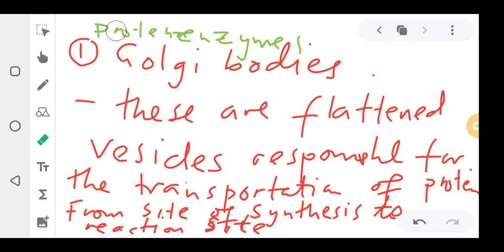Don't get confused when you ask what proteins they are transporting. On proteins you can put proteins, in brackets, enzymes.